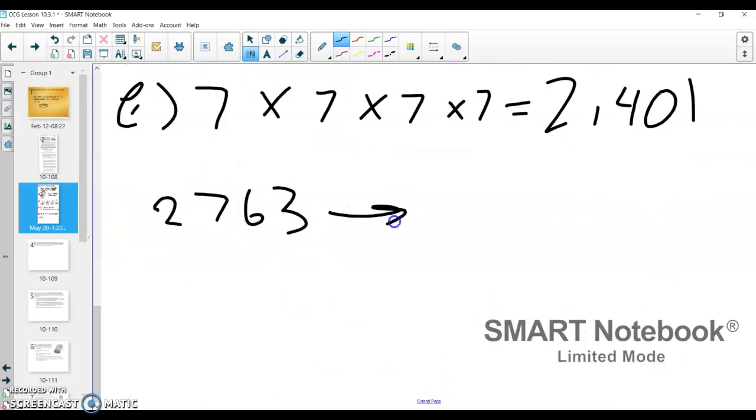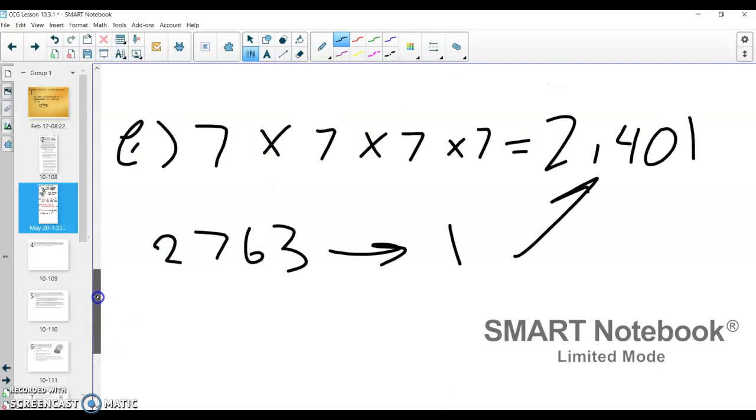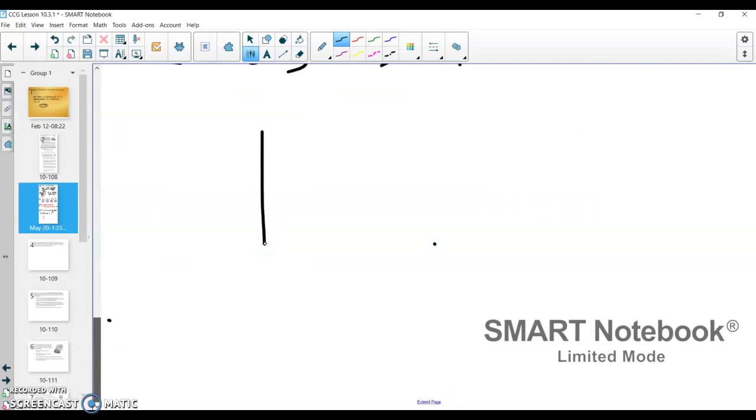2,763. That's just one of our choices out of a total of 2,401 choices. So to find probability, we put our one choice over all of our possible choices.